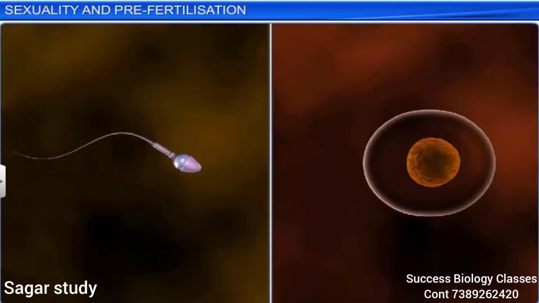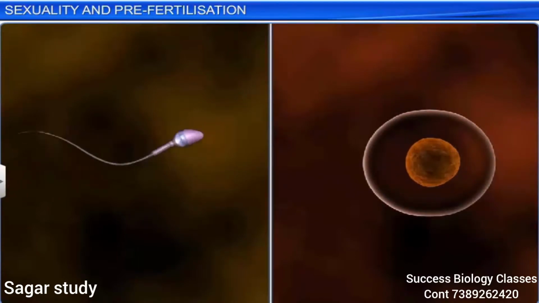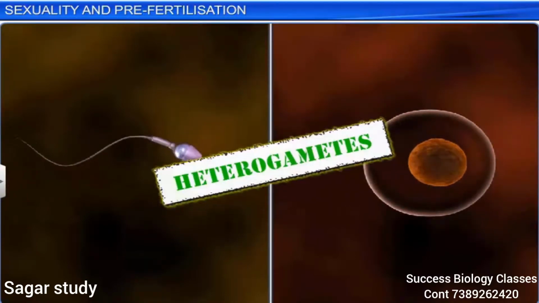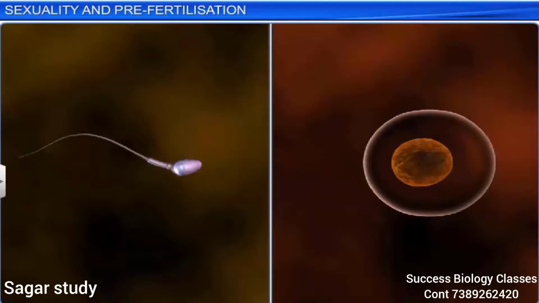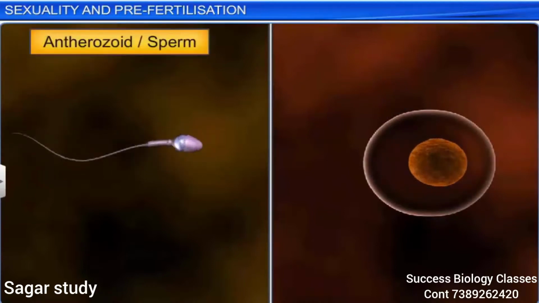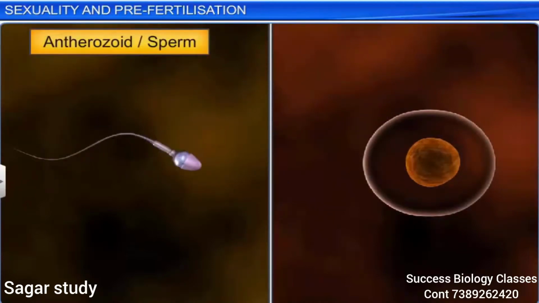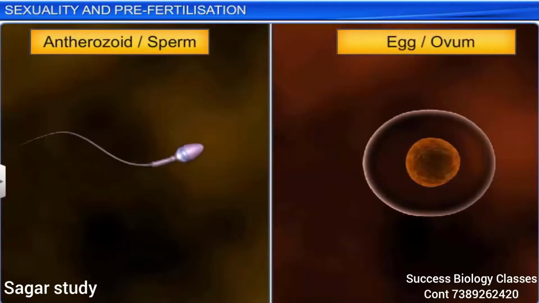These haploid gametes aren't morphologically similar, and hence they are called heterogametes. Moreover, while the male gamete is called the antherozoid or sperm, the female gamete is called the egg or ovum.